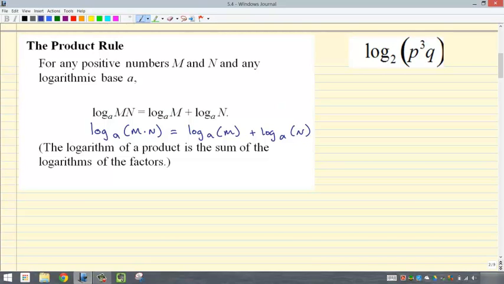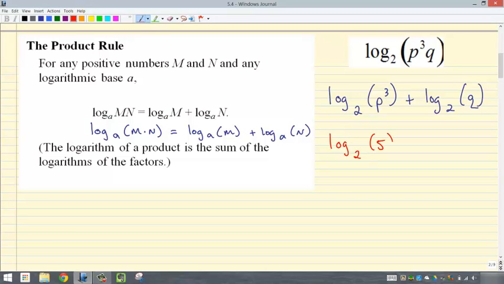You can take a single log, like the example up here, and rewrite it as multiple logs. So you can rewrite this as log base 2 of p to the third plus log base 2 of q. So you can also use this rule in reverse. If you have multiple logs, like log base 2 of 5 plus log base 2 of 6, you could take these two logs and, using the product rule, condense them down to a single log.